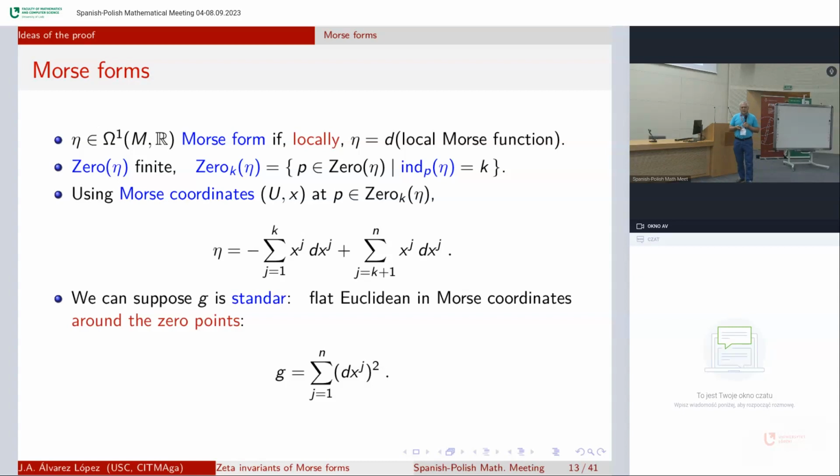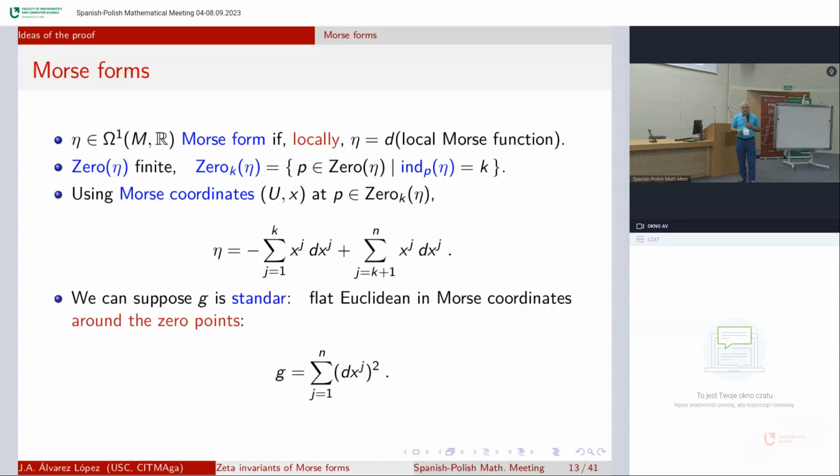Then we get that the zero set of this form is finite, and I denote the zero set of the points where the Morse degree is k as zero set k. And using Morse coordinates around a zero point of degree k, we have this expression for the form, which is just taking the differential of the standard expression of a Morse function around a zero point of degree k.